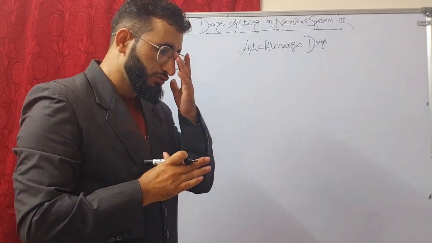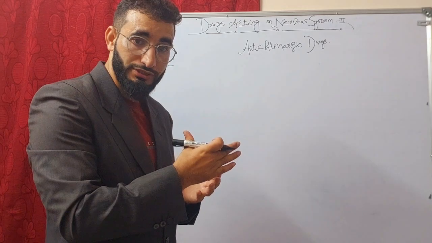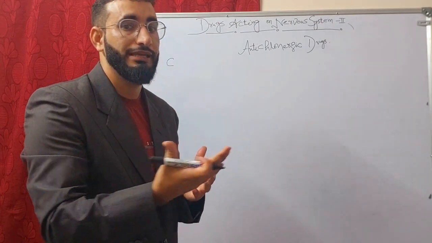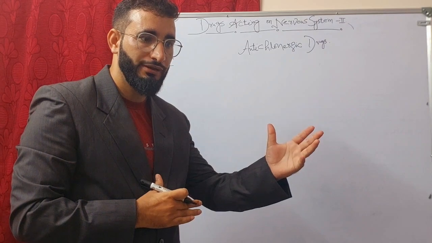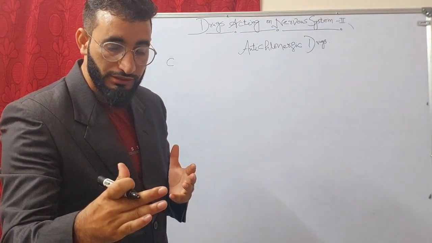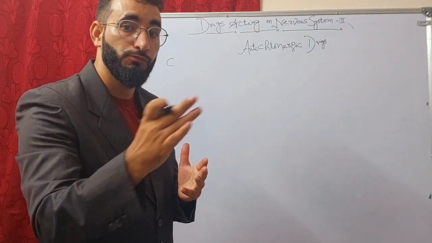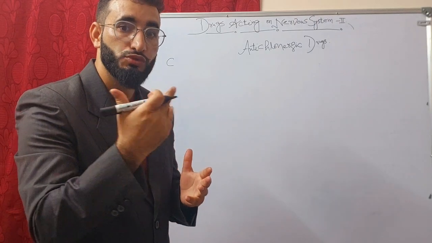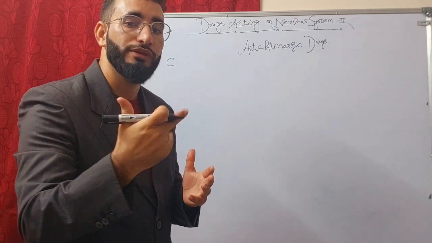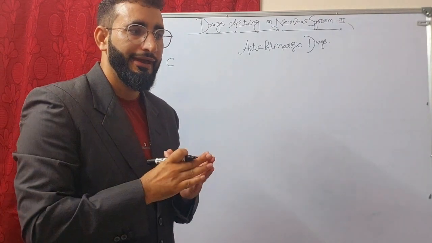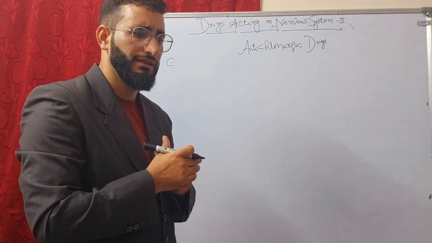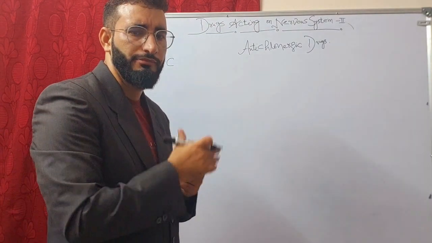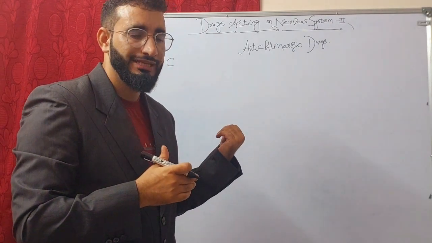Physostigmine crosses the BBB because it's a tertiary ammonium compound, and neostigmine is a quaternary ammonium compound. So it is water soluble, or we can say it is ionic in nature. So it doesn't cross the BBB, but physostigmine does cross.